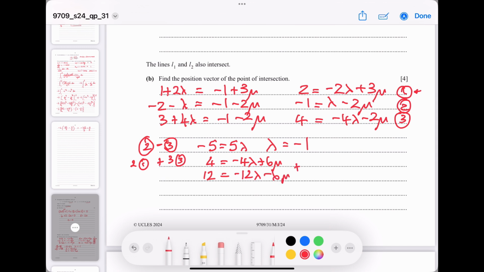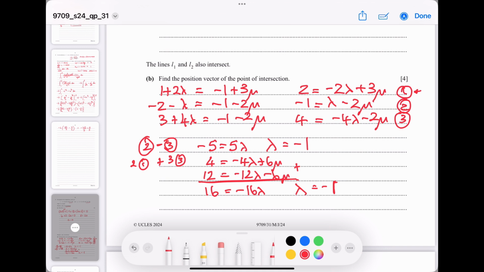And we're adding those. So it's going to get me 16 is equal to negative 16. And once again, lambda is equal to negative 1. So we have managed to establish that for all 3 of those equations, the value of lambda is negative 1.